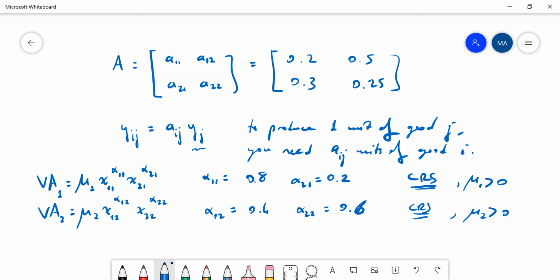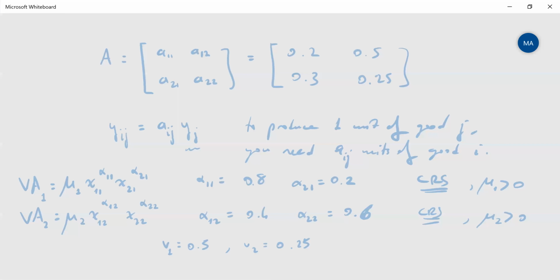Then, for each firm, we have to specify these technical coefficients. So these are equal to these. All right, remember, these are to convert from value added to output. So at the end, then, we can write this.